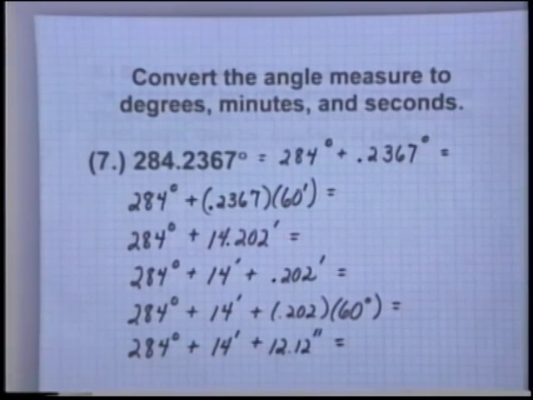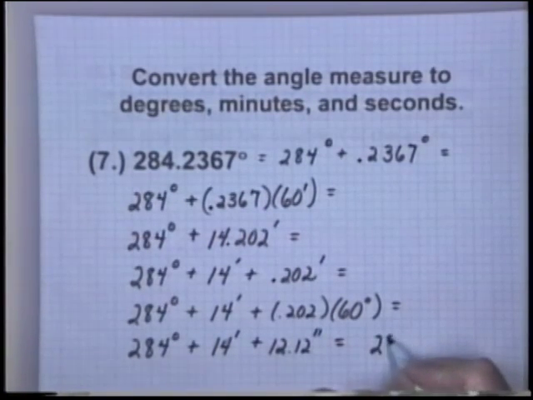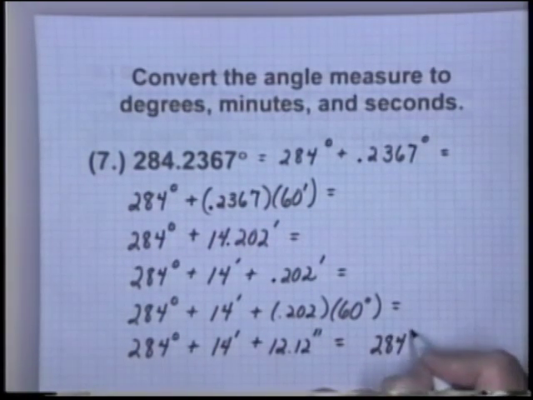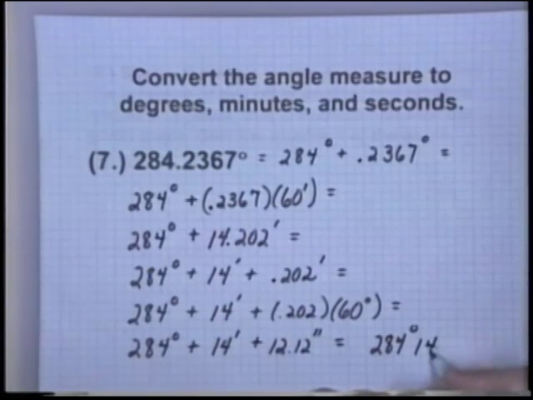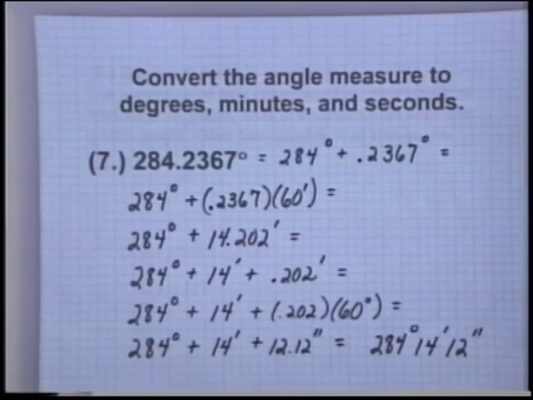Now we will round this to the nearest second, so our answer is 284 degrees, 14 minutes, 12 seconds. So an angle in decimal degrees that measures 284 and 2,367 ten-thousandths degrees will equal 284 degrees, 14 minutes, and 12 seconds.